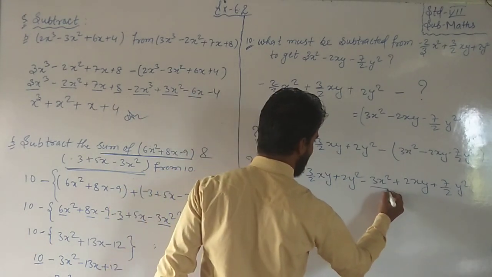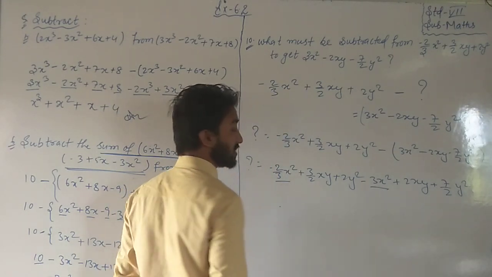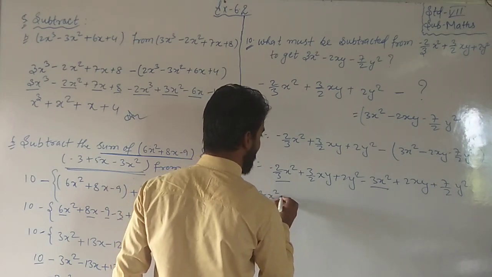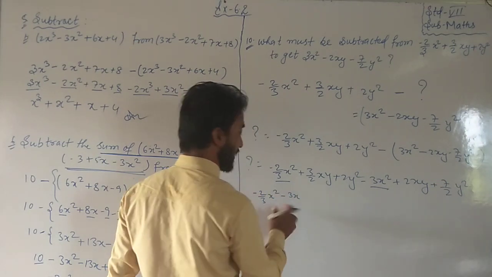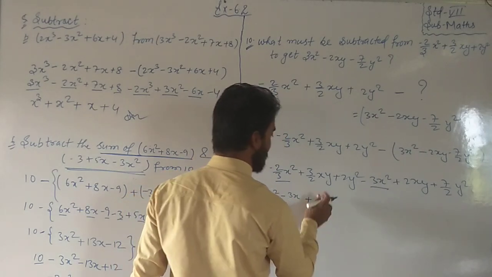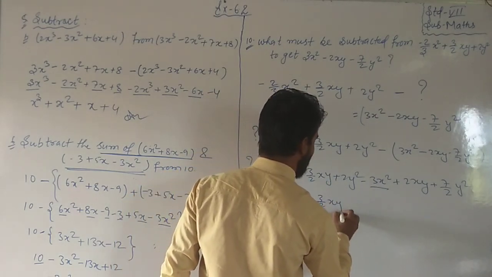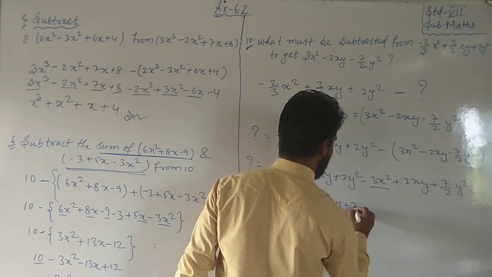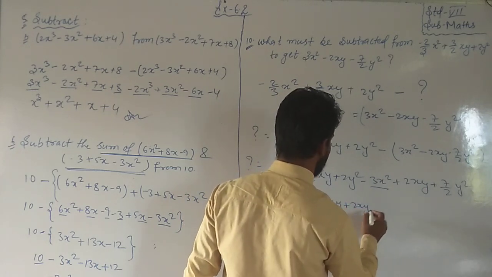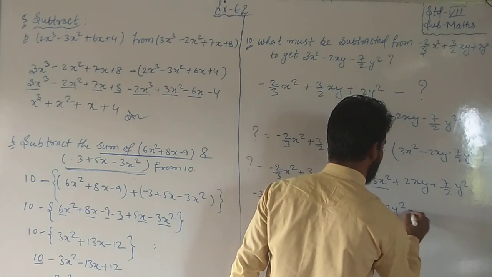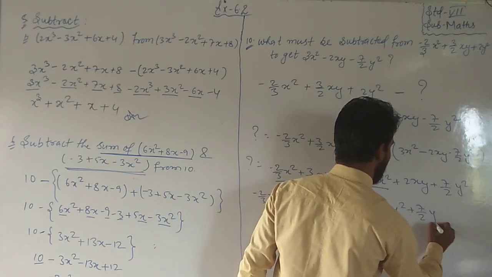What are the like terms? Minus 3x square and minus 2 by 3x square. Similarly, plus 3 by 2xy and plus 2xy, and plus 2 by y square and plus 7 by 2 y square.